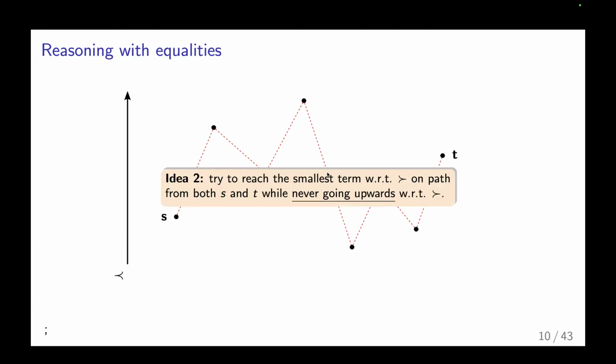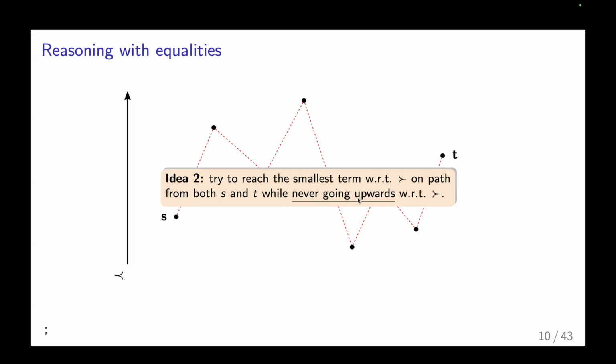And the second idea that we want to do is, instead of trying to reach from one term the other, we want to reach from both terms the smallest term on this path with respect to the ordering, while also never going upwards.